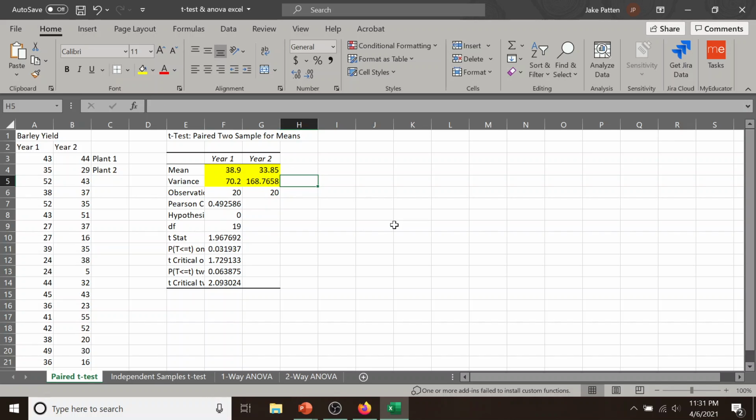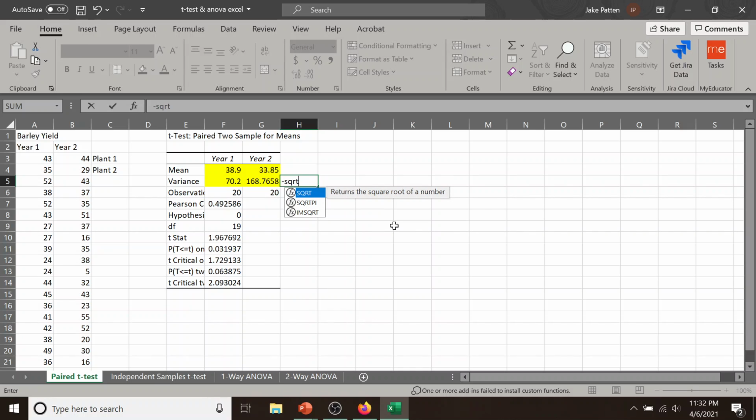And if you remember from earlier in the class, one of the things you can do to find standard deviation is take the variance and find the square root.